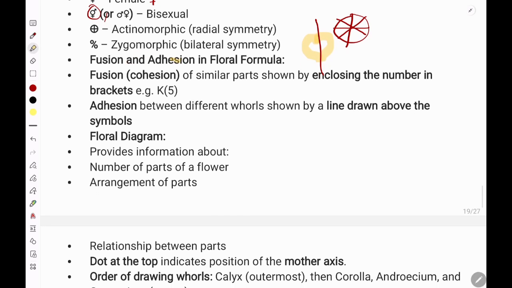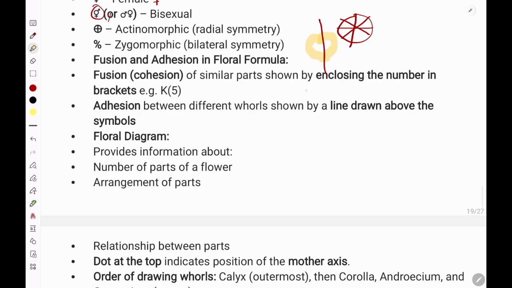Now comes the terms fusion and adhesion. Fusion is the cohesion of similar parts, shown by enclosing the number in brackets if they are fused together. For example, in some flowers the petals are not separated, so they will be represented with brackets. If they are five pentamerous members, it means they have five petals, but all are fused together to form a single whole.